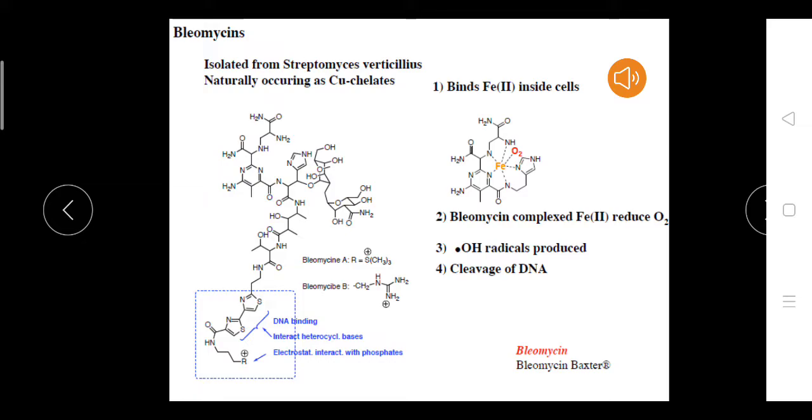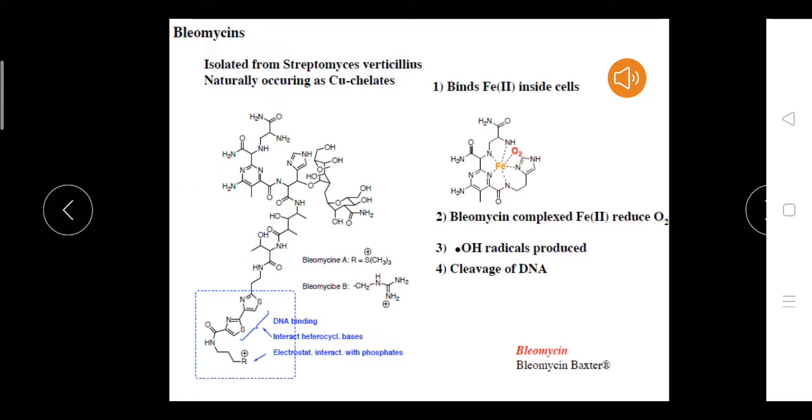Removal of copper from naturally occurring bleomycin is important for the material used clinically because it significantly reduces activity. The clinically used bleomycin is a mixture of copper chelating glycopeptide that consists of bleomycin A and bleomycin B.